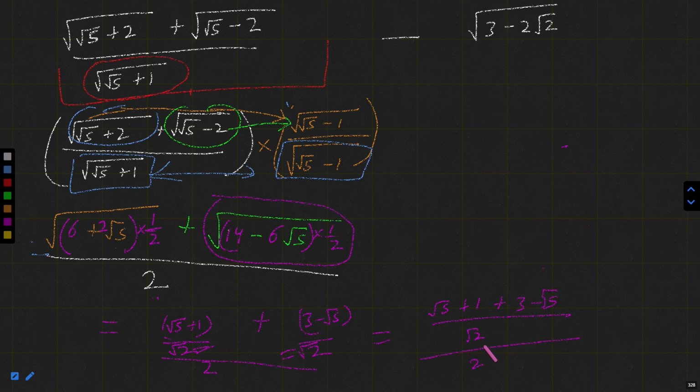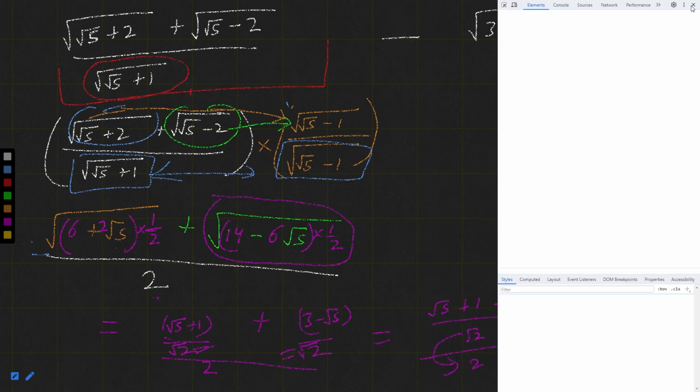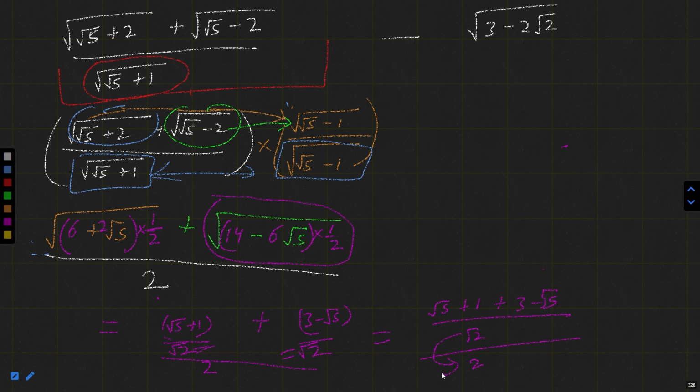I know easily that this thing comes down to 2. So it will get like this. It is 2 root 2. Now this will get cancelled, and in the numerator we will have 4.